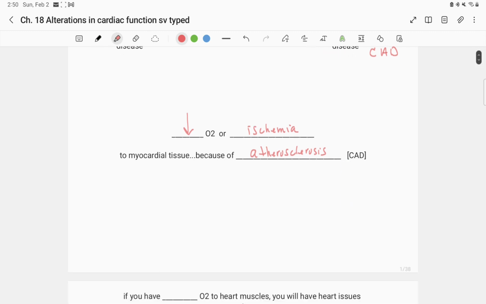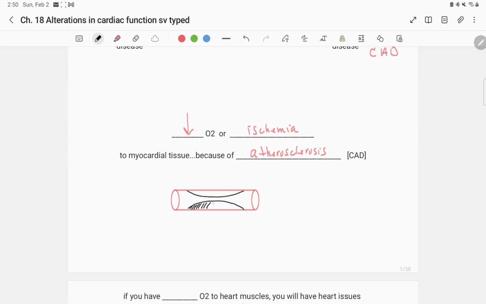All right, this is where the inside of your heart blood vessels have been filled with plaque and all that. So I'll just draw a picture here.